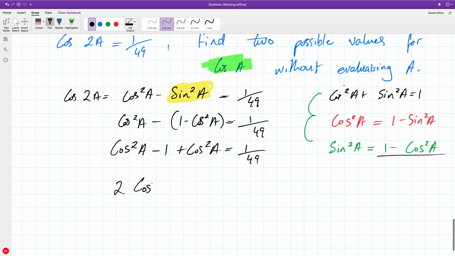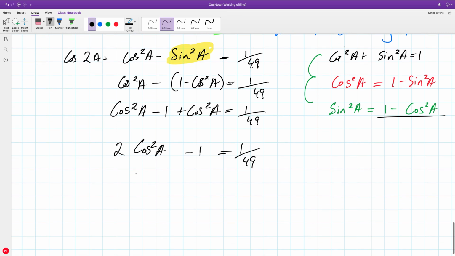Two cos squared A minus 1 equals 1 over 49. Right, that's 2 cos squared A is equal to 1 over 49 plus 1, which is 50 over 49.